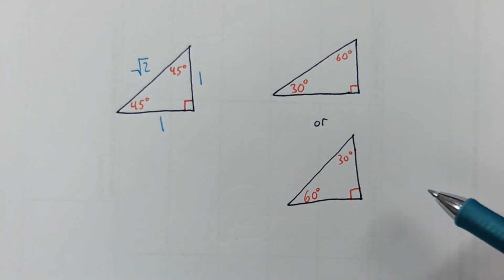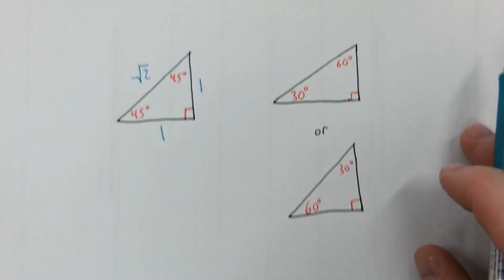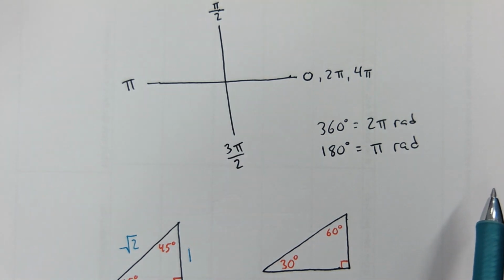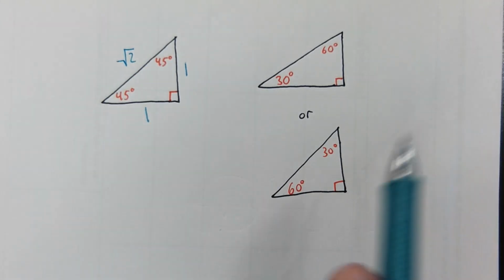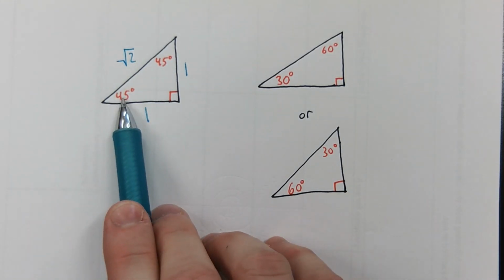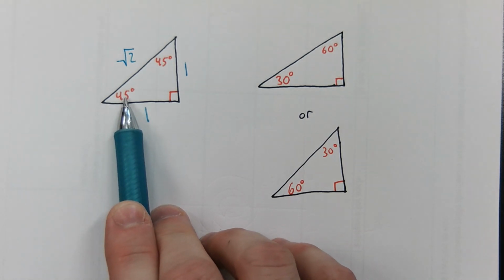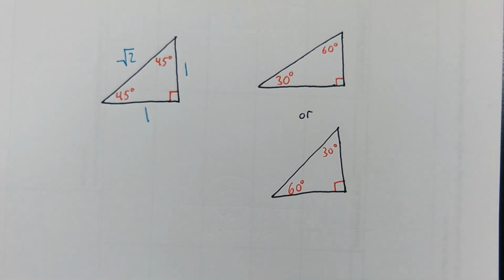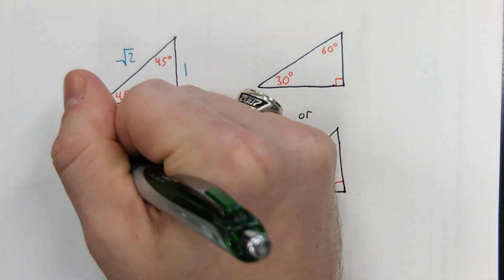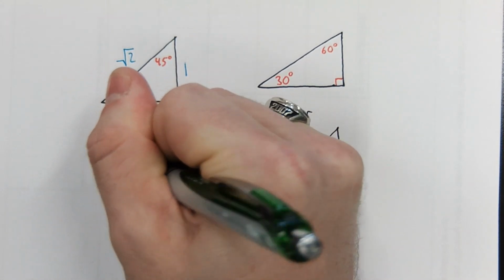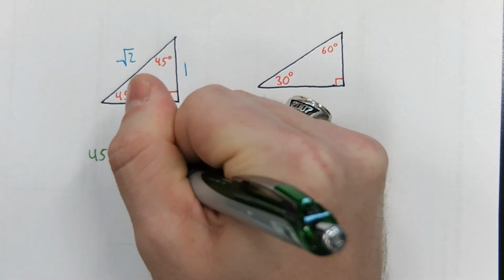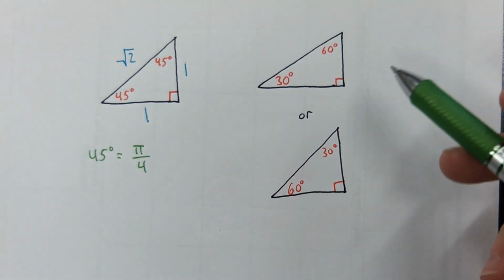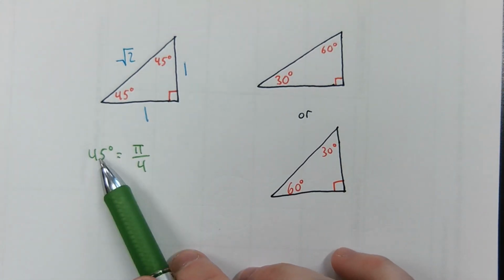So I mentioned a moment ago subdivisions of our 2 pi's. 45 degrees is a very good subdivision. However, radians, like I said, the preferred method. So instead of saying 45 degrees, what we say is its radian measure of pi over 4. 45 degrees is half of 90.